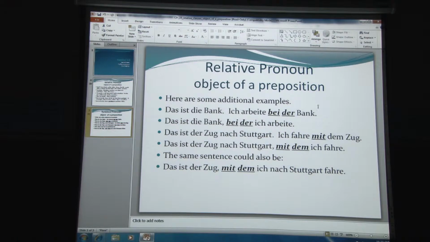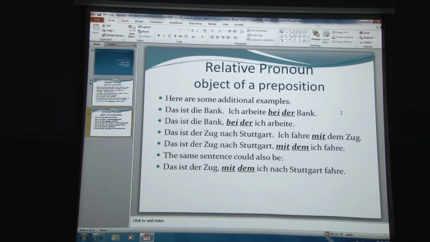Okay, so let's take a look. Examples with prepositions. Das ist die Bank. Ich arbeite bei der Bank. Also, das ist die Bank, bei der ich arbeite. So again, the preposition is not at the end. The relative pronoun is not optional. And bei is a dative preposition, which helps you figure out what relative pronoun you're going to use. Die Bank is feminine, dative feminine: der.